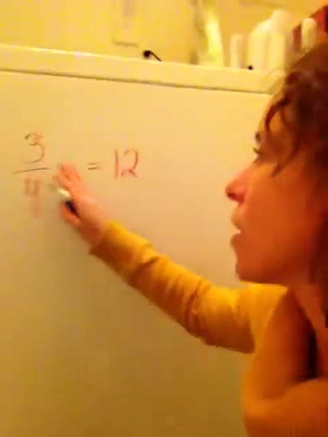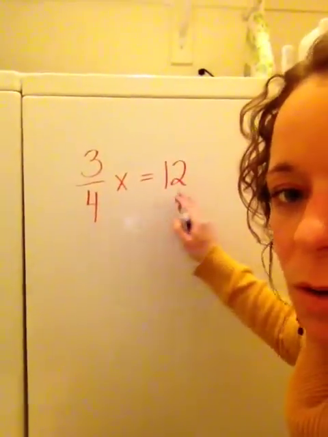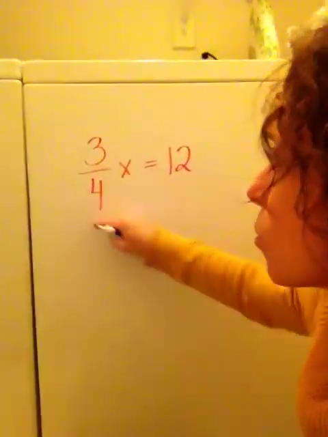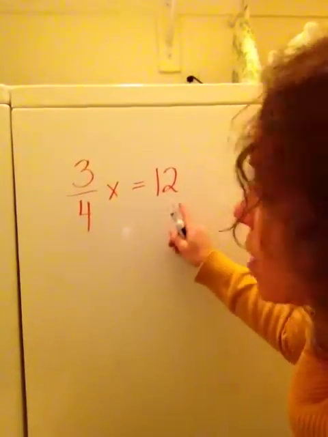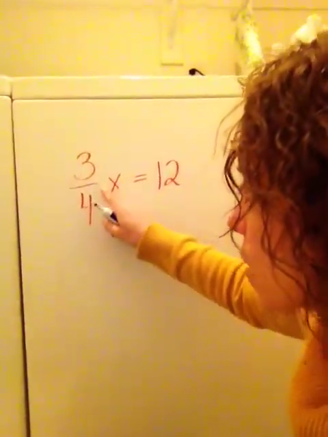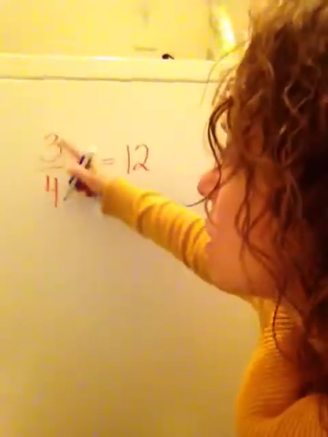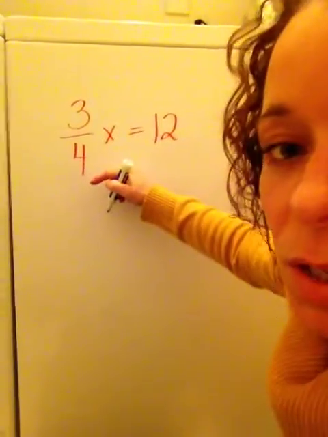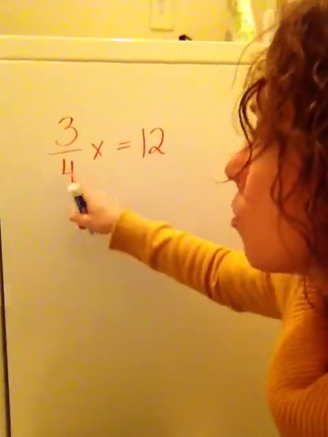So anytime we get down to the point where we've got a coefficient and the variable equals a number, so basically we have a variable term equals a number term, from this point I go, oh, I'm multiplying, so I want to divide, right? But when your coefficient is a fraction, what I want you to do is times both sides by the reciprocal of that coefficient.